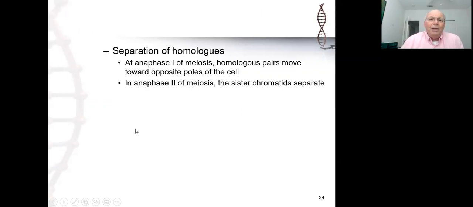If we are thinking in terms of separation, if we look at the two anaphases, well, in anaphase 1, we know it's the homologous pairs that separate. In anaphase 2, we know that it is the sister chromatids that separate.